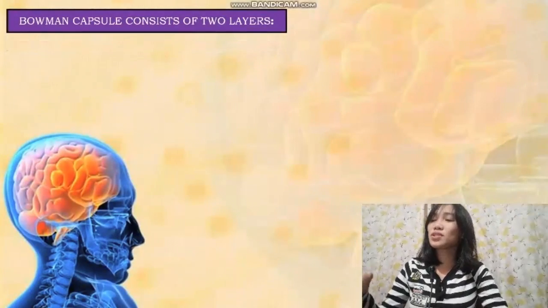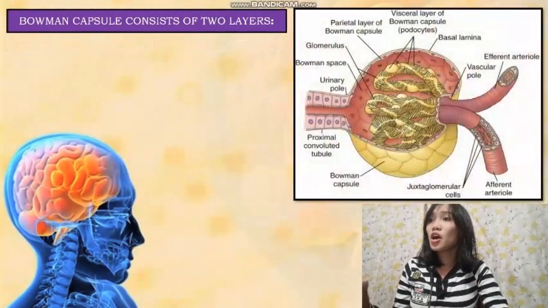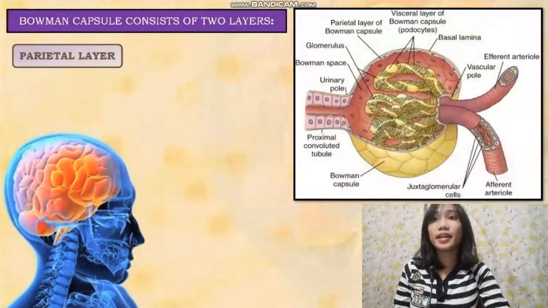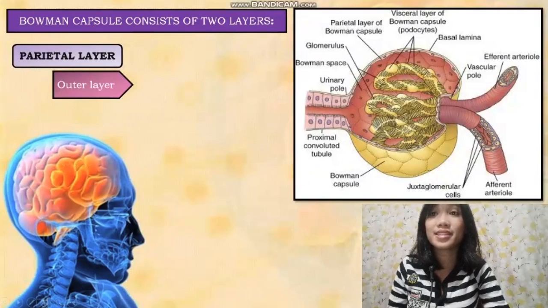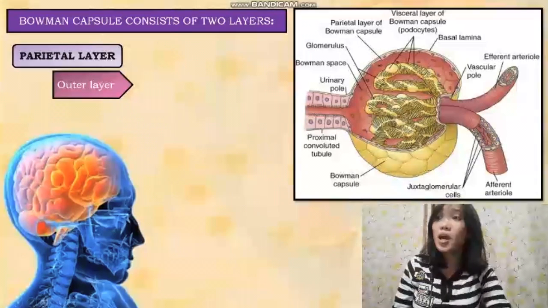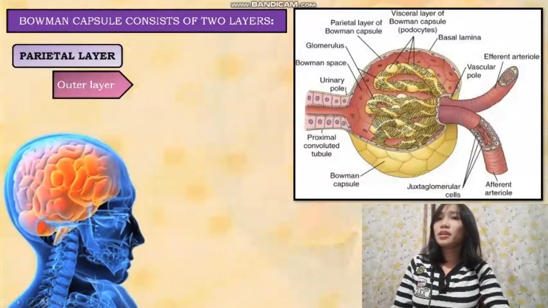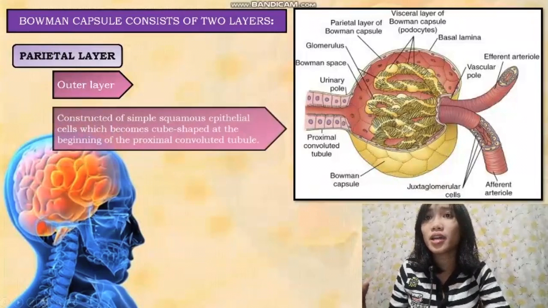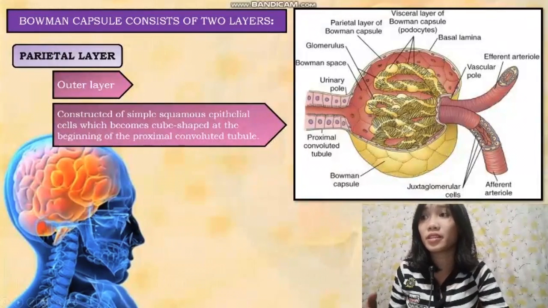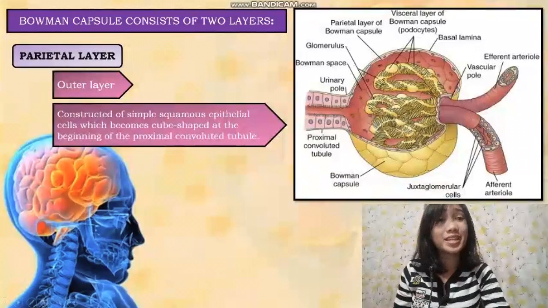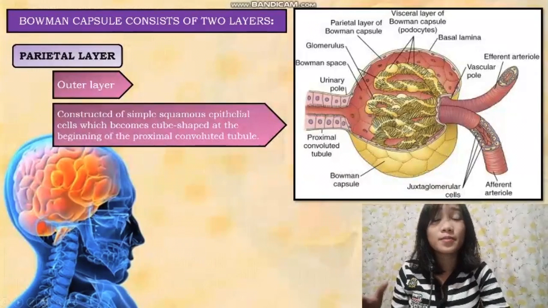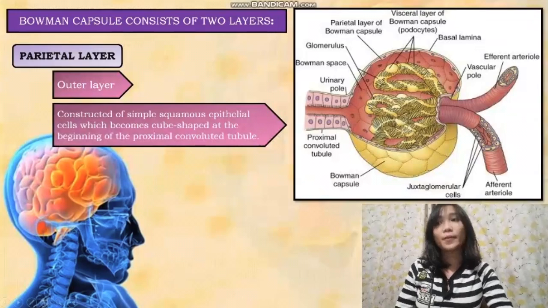Next, the Bowman capsule consists of two layers. First, the parietal layer, which is located here, the outer layer of the Bowman capsule. It is constructed of simple squamous epithelial cells, which become cube-shaped at the beginning of the proximal convoluted tubule.